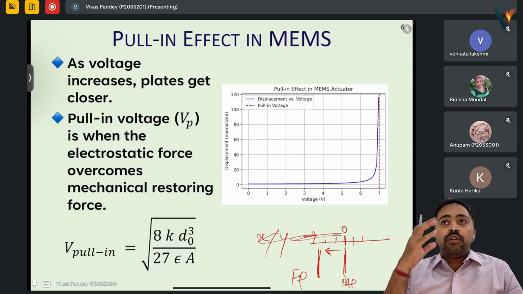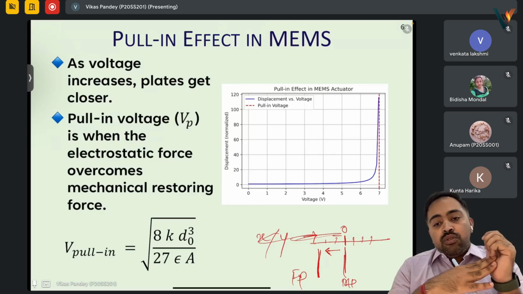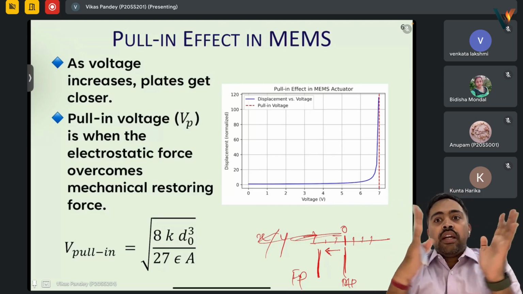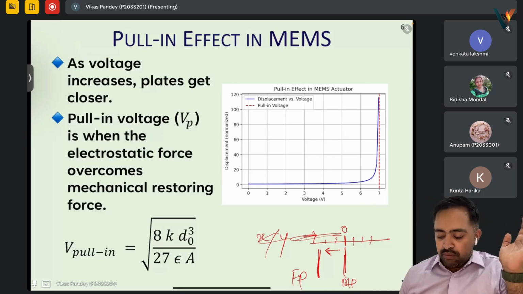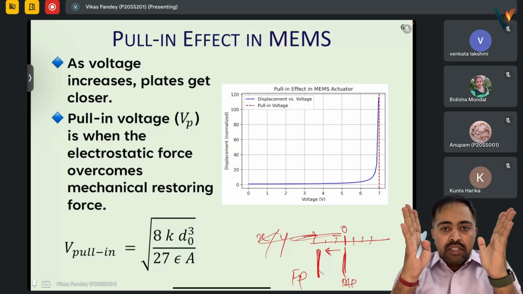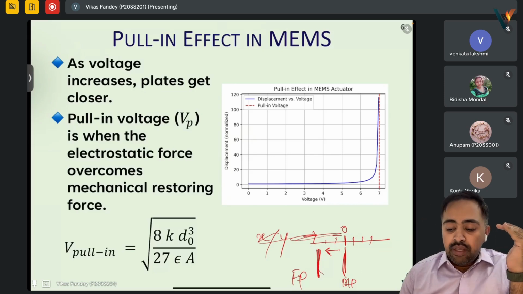That is when the voltage will overcome the mechanical restoring force, because these are physical structures, they are not in air. When we are talking about plates, we are not keeping some plates in vacuum or something. These are physical structures.